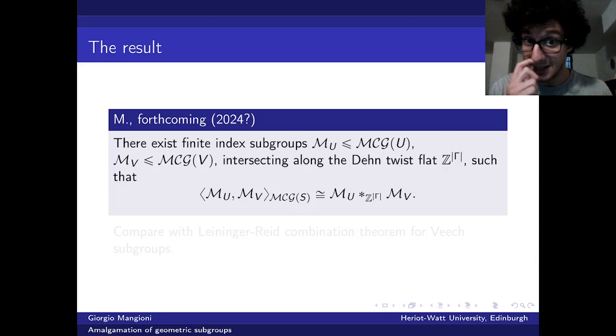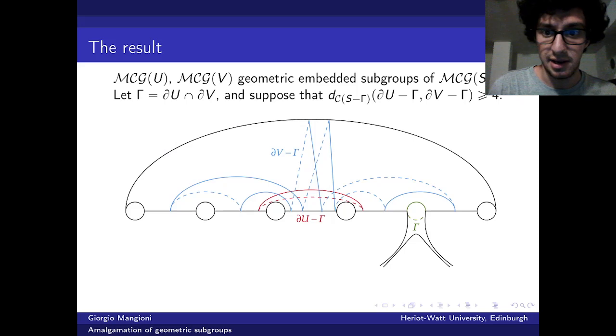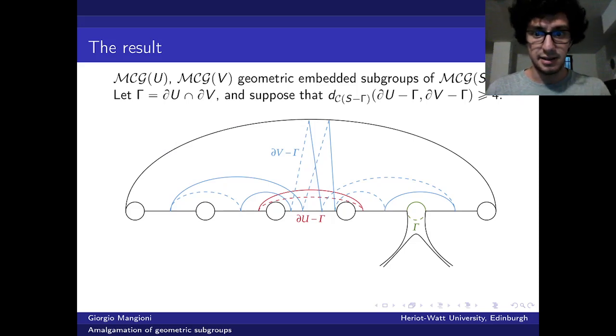And the intersection is exactly the Dehn twist flat supported on the common boundary multicurve. So in this case here, the intersection would be the cyclic subgroup generated by the Dehn twist along the curve gamma.